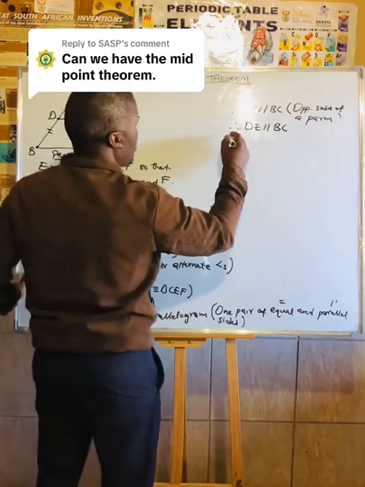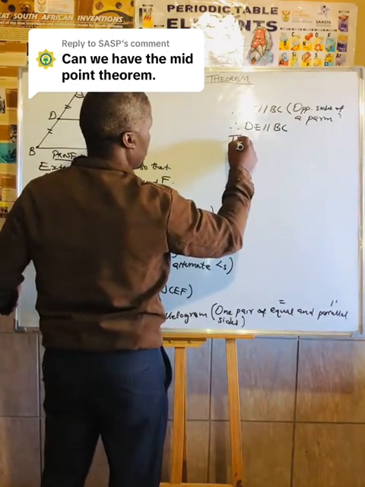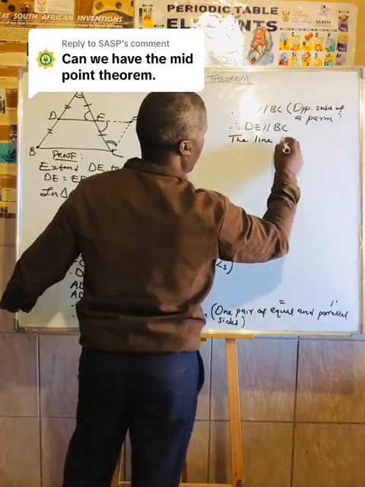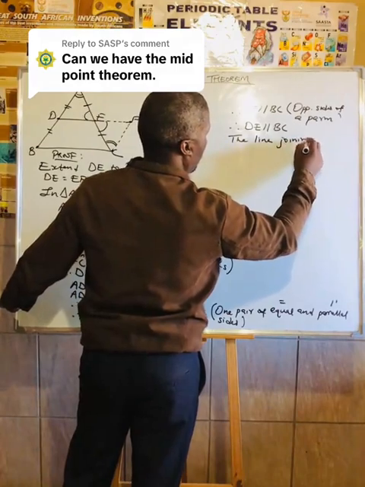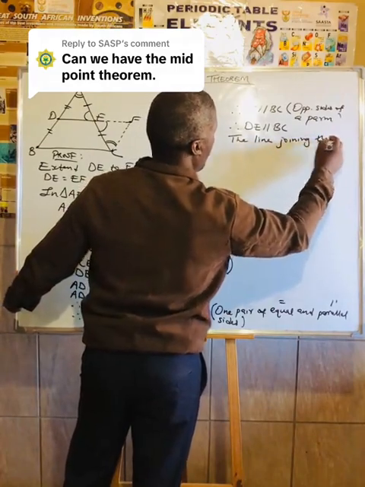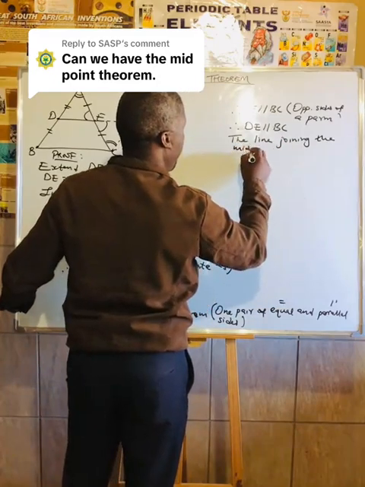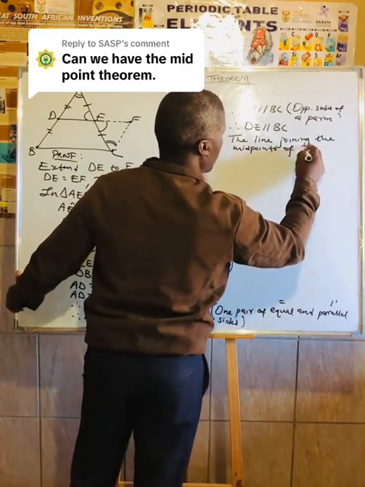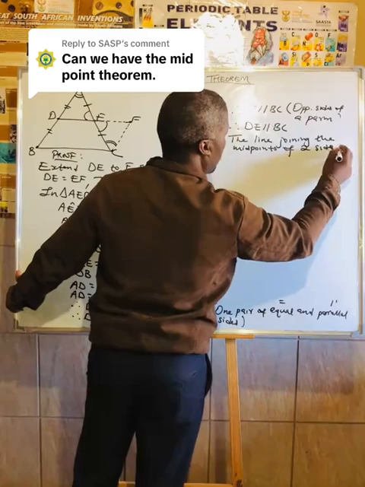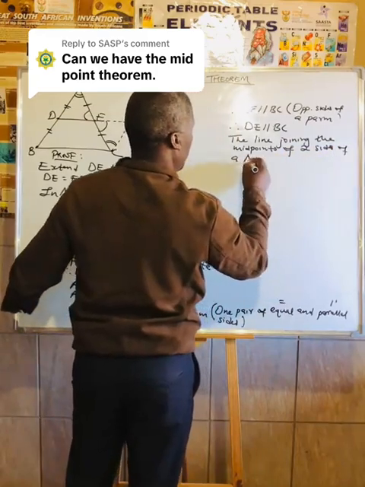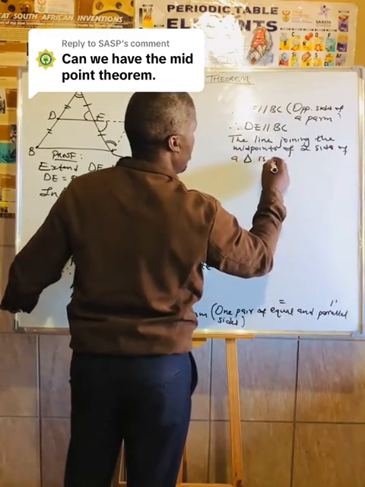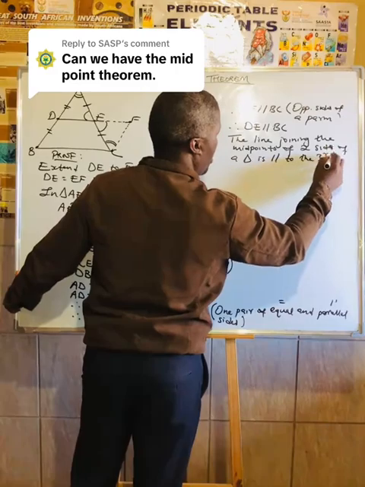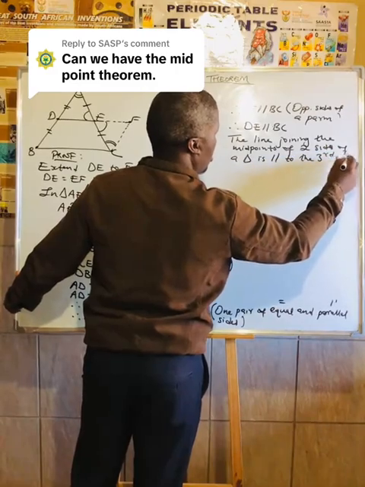We can then conclude that the line joining the midpoints of two sides of a triangle is parallel to the third side.